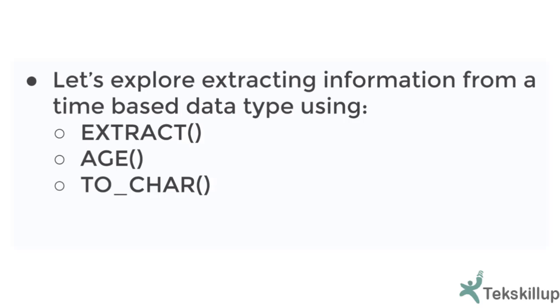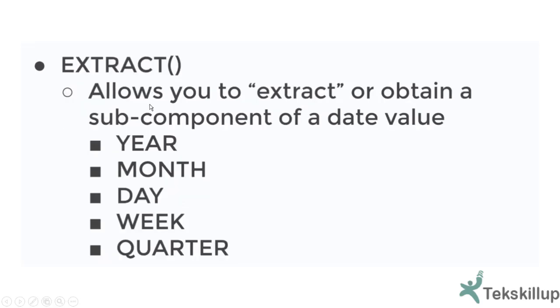We'll be exploring extracting information from the time-based data type using three keywords: the extract function, the age function, and the to_char function. Now, looking at the extract function, this allows you to extract or obtain a subcomponent of a date value.